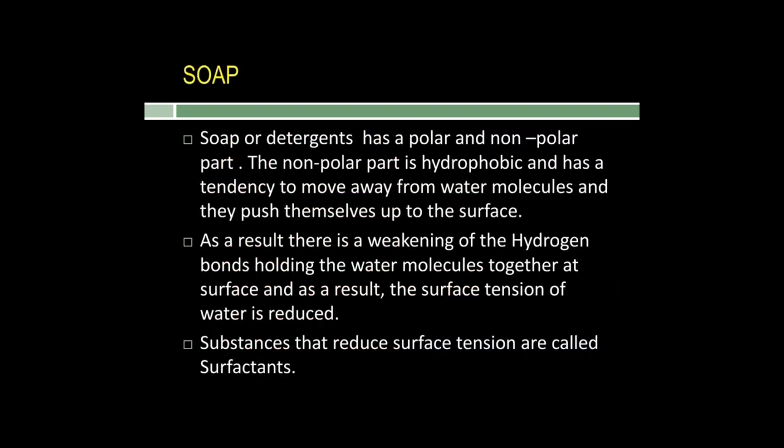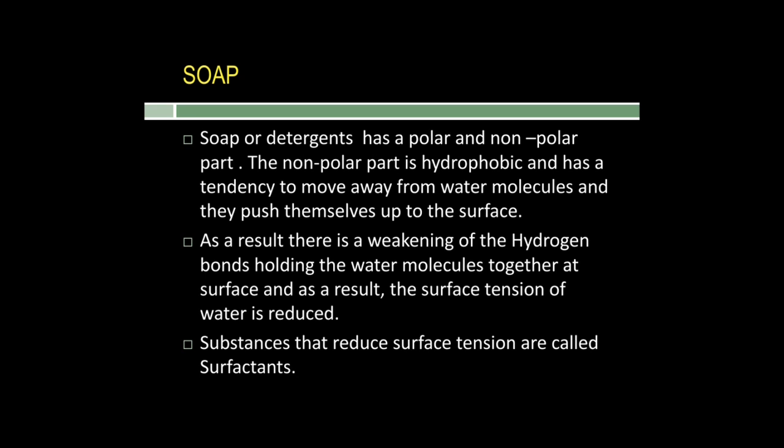If we are adding a sparingly soluble impurity like soap, soaps or detergents generally have a polar and a non-polar part. The polar part is attracted to the water molecules, while the non-polar part, which is hydrophobic, has a tendency to move away from water molecules, and they push themselves up to the surface.